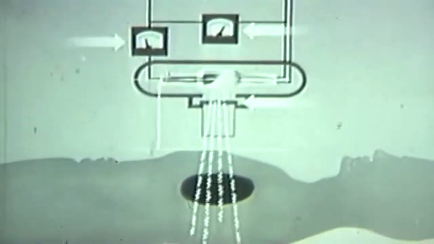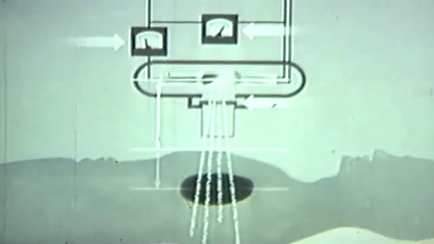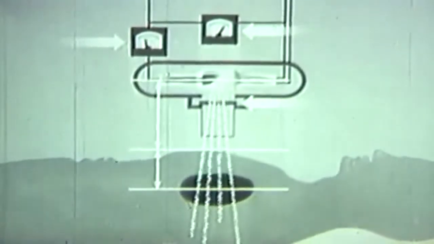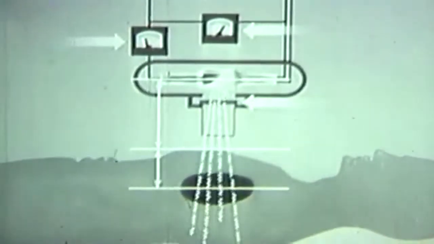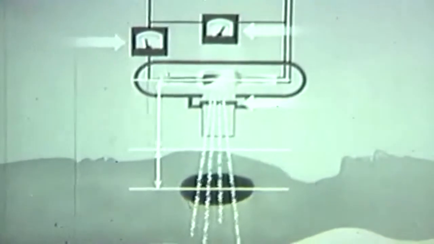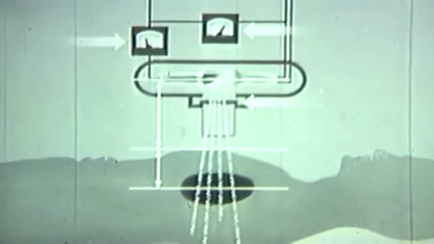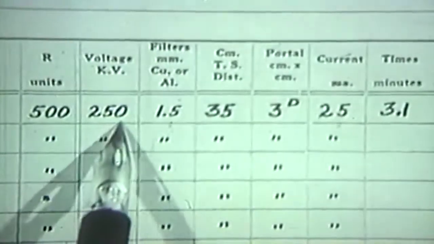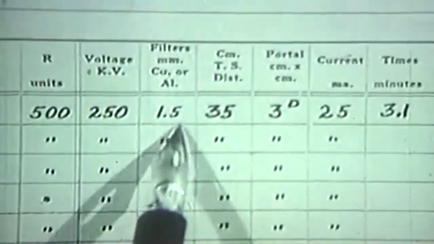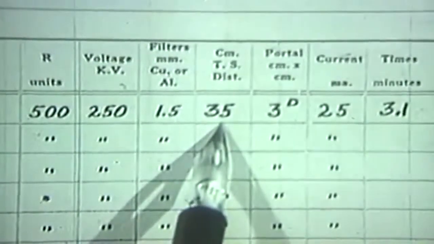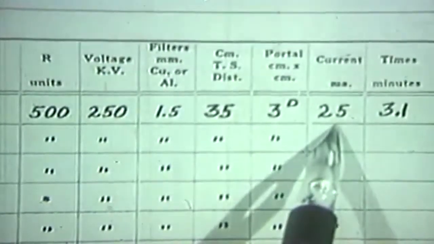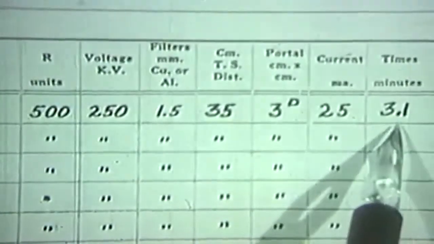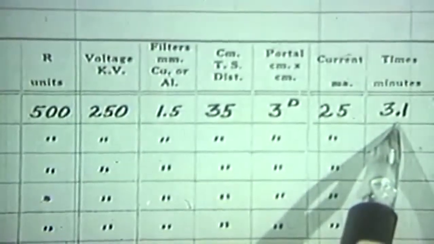And it also depends upon the distance from the target to the skin, the depth of the tissue being treated, and the exposure time. On the patient's record chart, the nurse technician enters the prescribed dosage, the voltage, the filter, the target to skin distance, the milliamperage, and the exposure time calculated from the calibration chart.